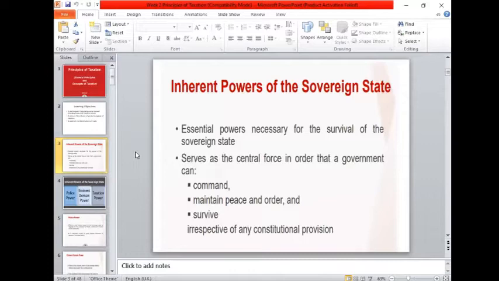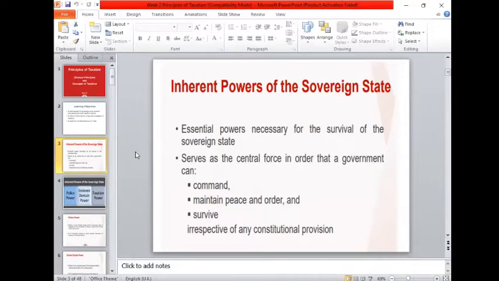Our country, or every country, is a sovereign state. A sovereign state is a government or a country which administers, rules, and governs the community. For every country, we have the government that administers people for their security and good welfare.